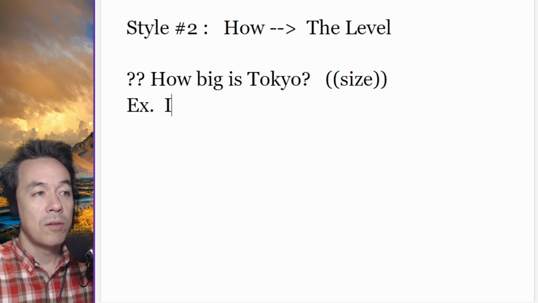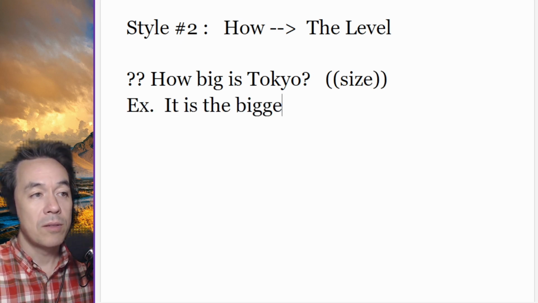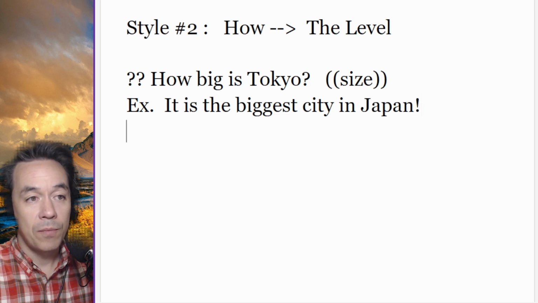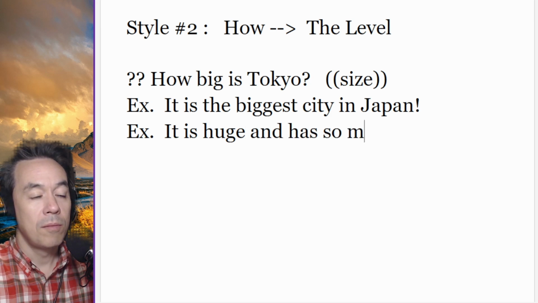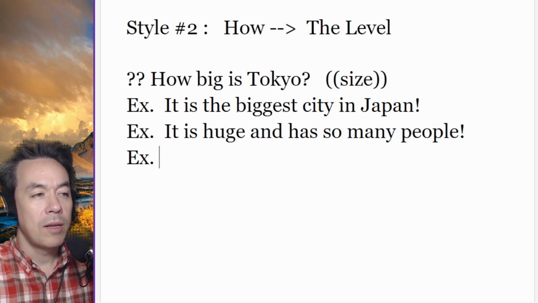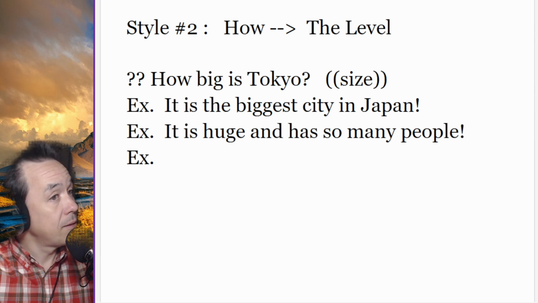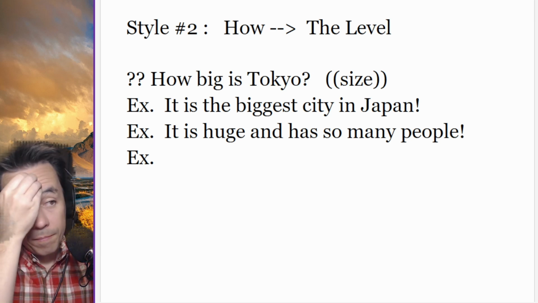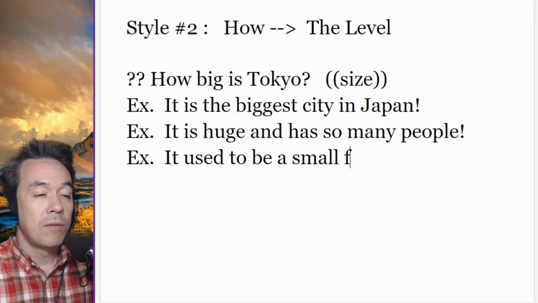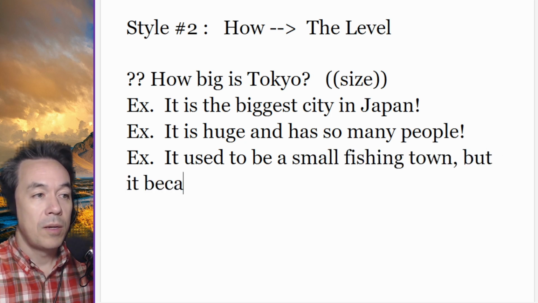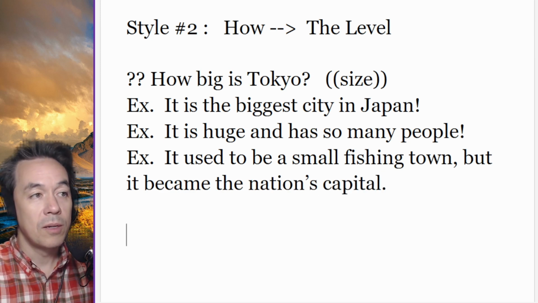So an answer like, oh, it is the biggest city in Japan, or it is huge and has so many people, right? Help me to understand the size of it. Used to be a small fishing town, but it became the nation's capital. So very small and then very big.